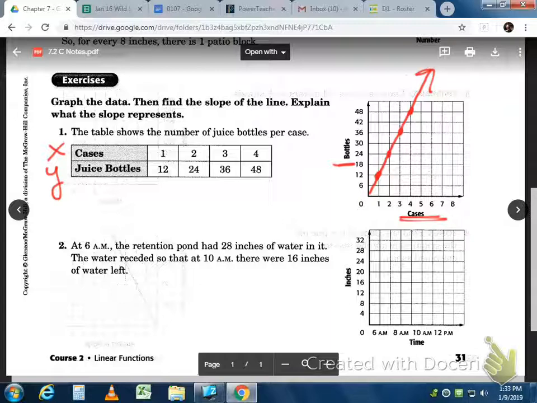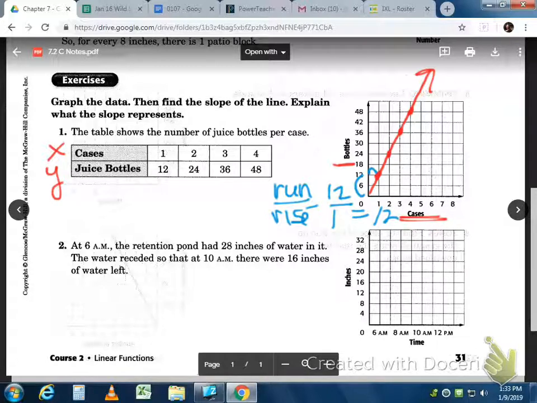If I wanted to do my rise over run, if I'm reading from a graph, you can just count your rise over your run. I start down here. How many do I rise up to the next point? 12. How many do I run over? 1. 12 over 1 reduces to 12.